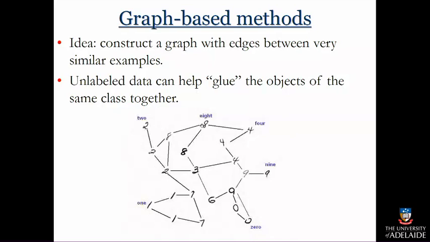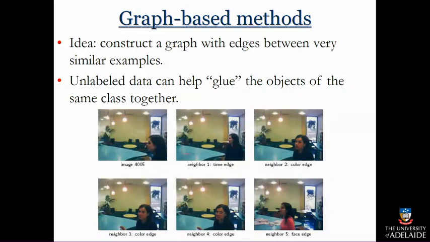For example, this 8 and this 8 are nearest neighbors, so they are connected. So now this unlabeled data can help glue the objects of the same class together. This is the first step, to construct the graph.